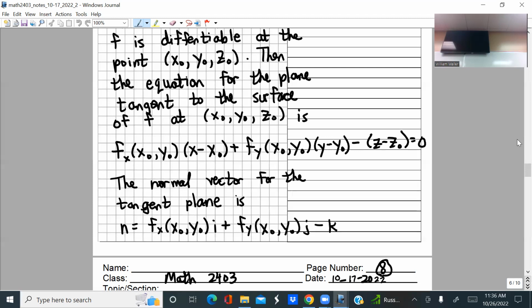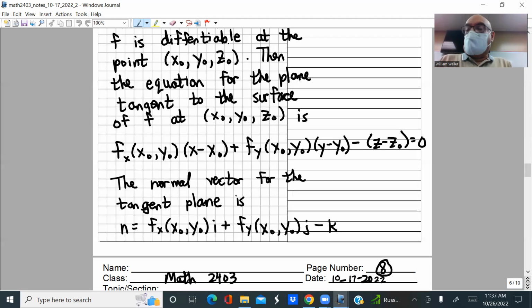So that's kind of just automatic. Really, all you need to be able to do here is take the partial derivatives in terms of tangent planes. Okay, that's the last topic that's going to be on the test.